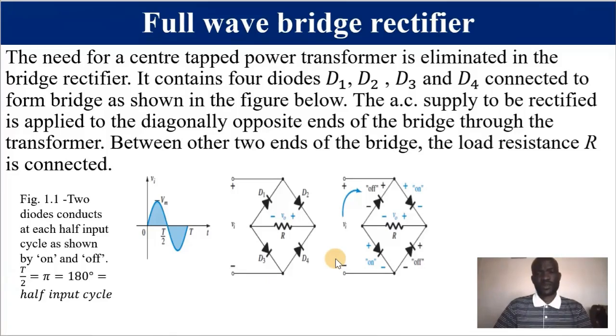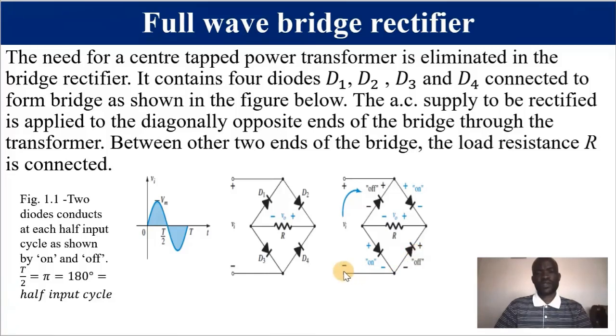When the input becomes negative, it will be these 2 diodes that turn on. These will be off, which means our polarity will have changed. This will be positive and this will be negative, and if this is positive, it means this diode is going to turn on.